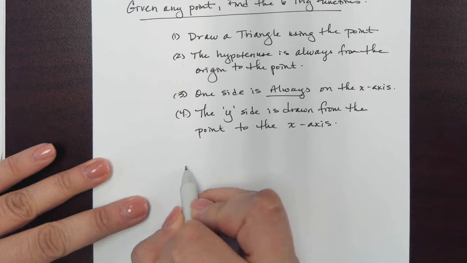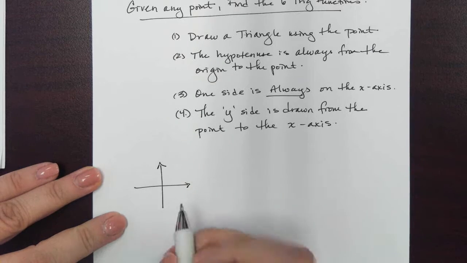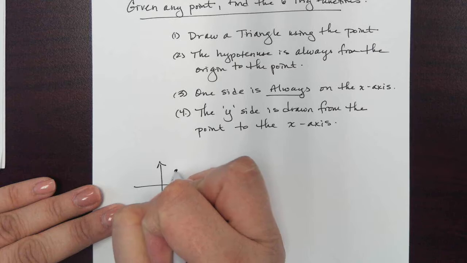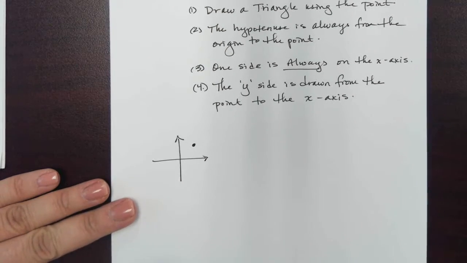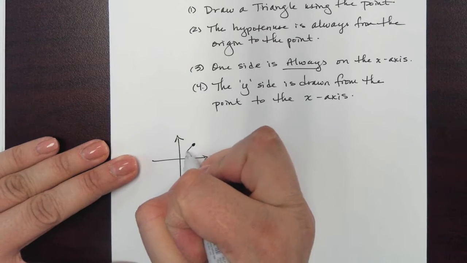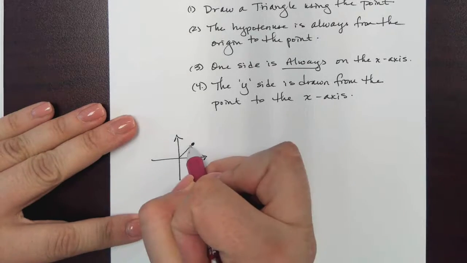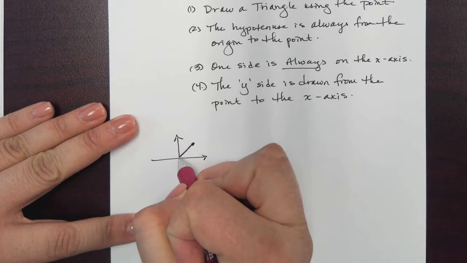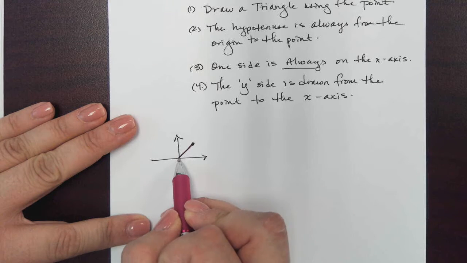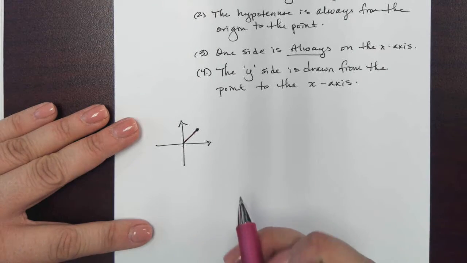If I have a point in quadrant 1, I would draw my triangle. My hypotenuse is from the point to the origin.